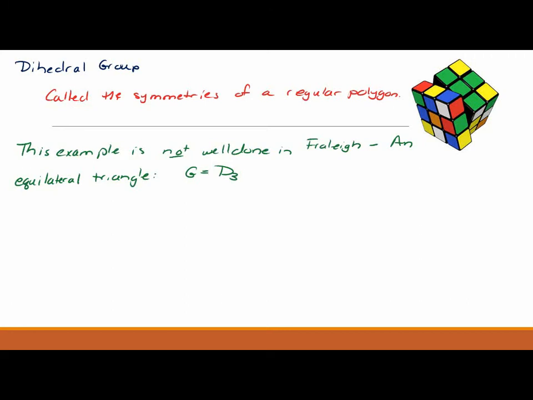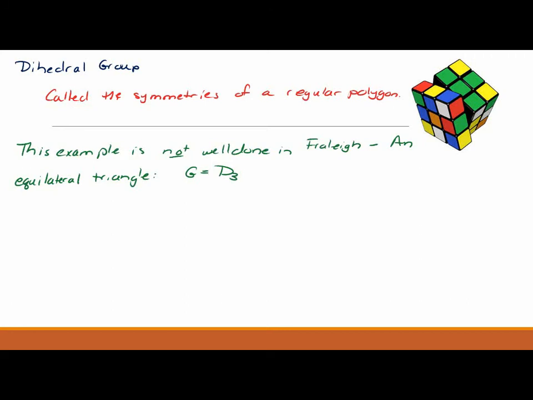This example is not really well done in the book. And in fact, I think he does have the equilateral triangle, but the equilateral triangle is called D3, and I don't know if in the book they talk about this or if I saw it somewhere, but sometimes the little subscript that you have right here, this 3, stands for the number of edges in your polygon, and sometimes that little subscript in some books stands for the number of elements after you do your rotations and symmetrical reflections.